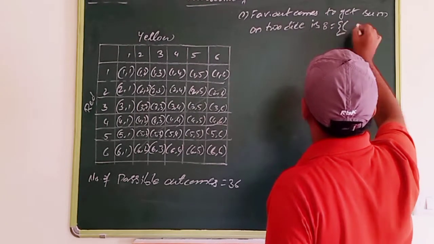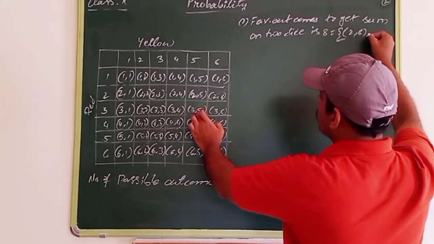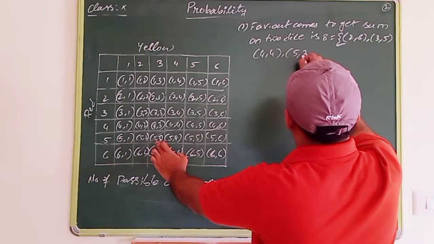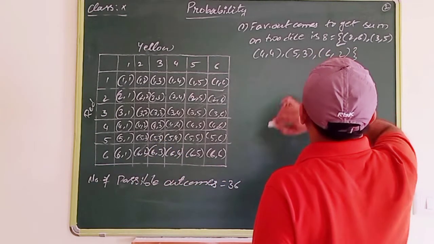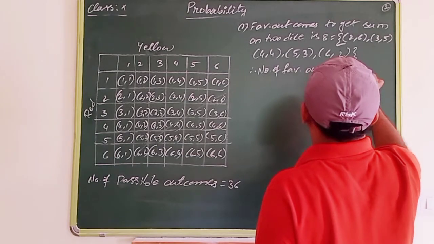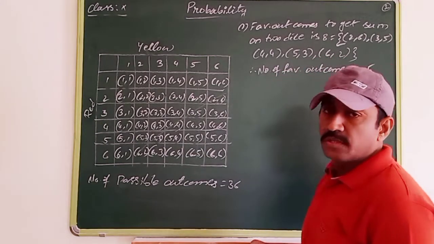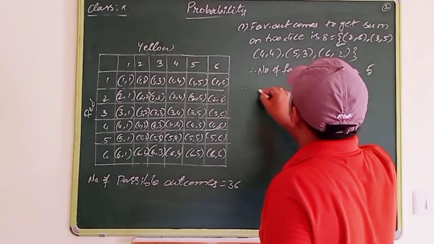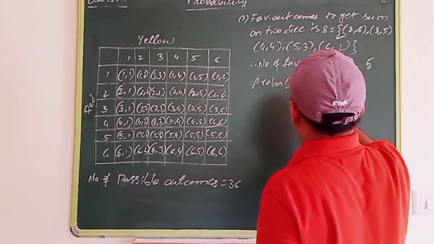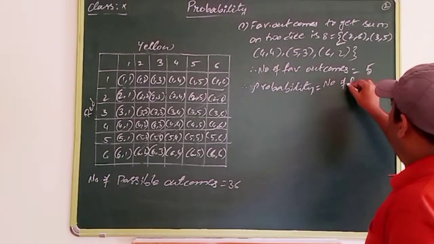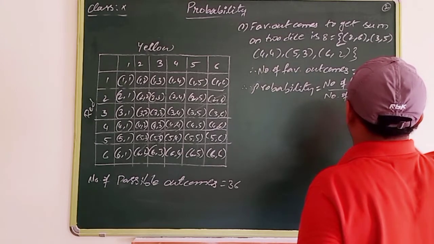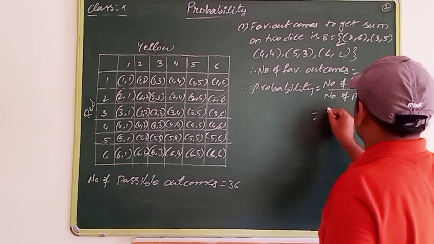What are the cases here? 2, 6; 3, 5; 4, 4; 5, 3; and 6, 2. Therefore, the number of favorable outcomes is 5, and the number of possible outcomes is 36. Therefore, the probability is, as usual, the number of favorable outcomes by the number of possible outcomes, which is 5 by 36.